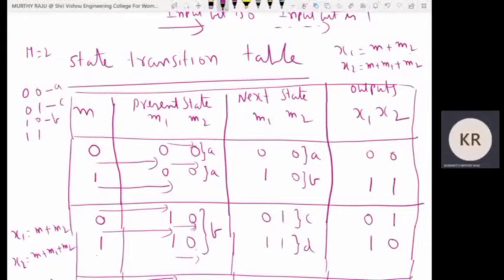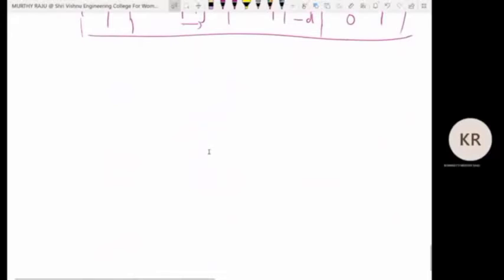Next B bit completed. Next C bit, that is the C1. Draw the state transition table. The state transition table is completed.